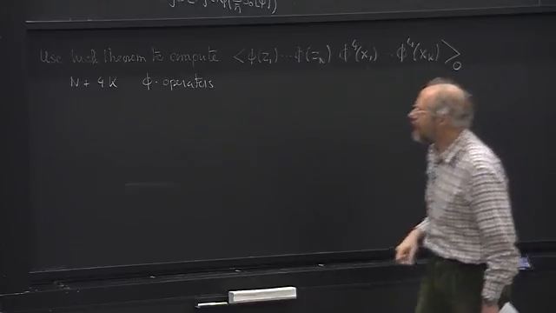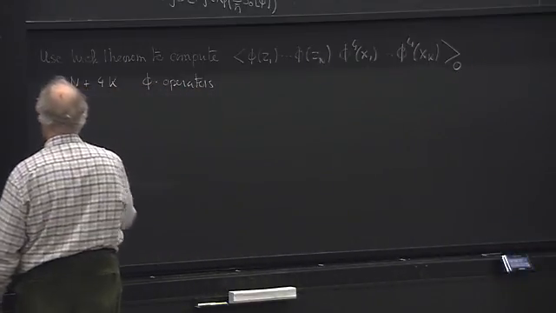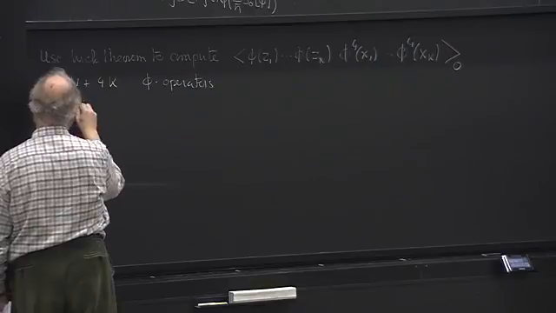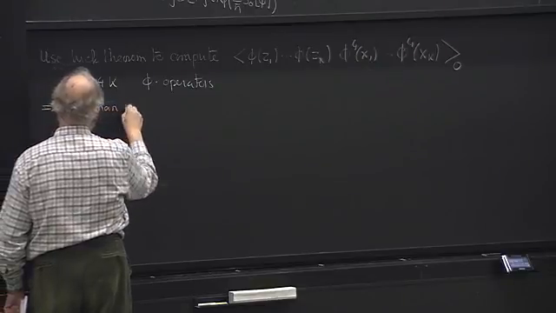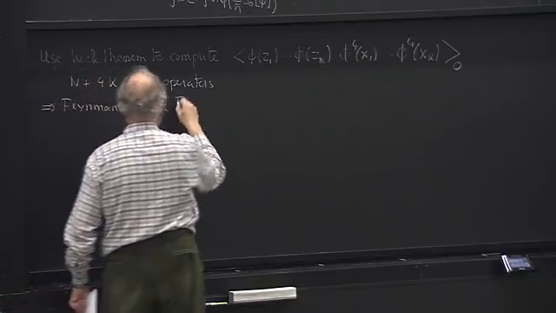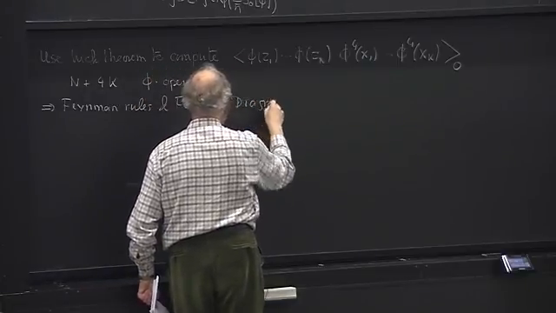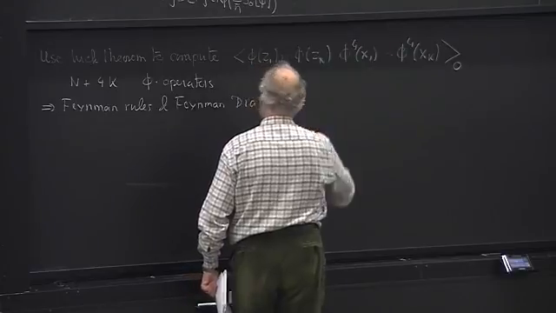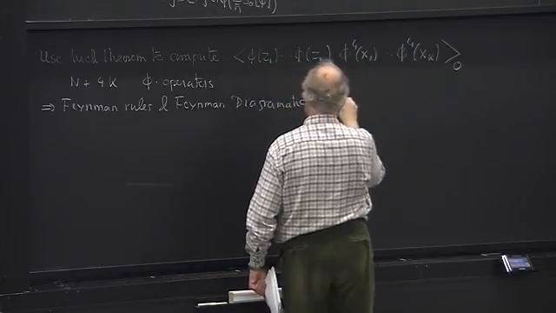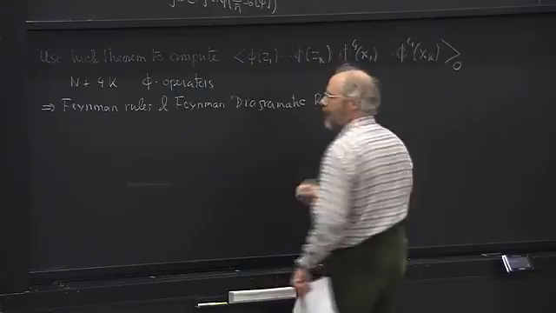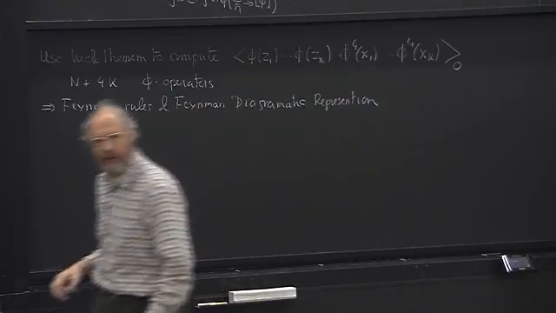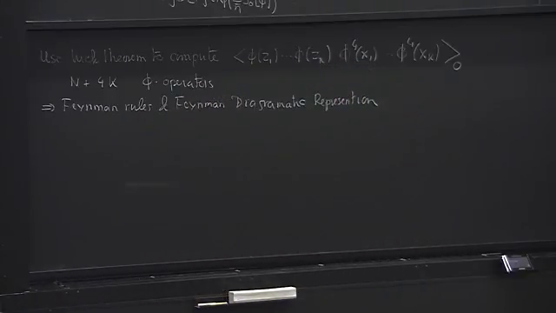So, using Wick's theorem, we end up with the famous Feynman rules and the Feynman diagrammatic representation for the perturbative expansion that I think you have studied already in the QFT1 course. You will get exactly the same rules. Again, we have derived the same rules by different means.